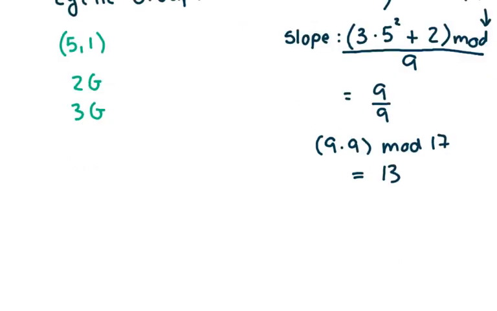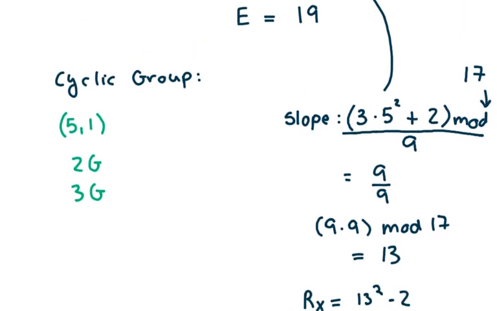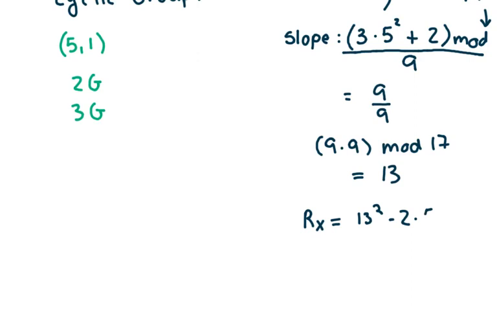So now to compute the x-coordinate of point R, this is equivalent to the slope squared, so 13 squared, minus 2 times the x-coordinate of point x, so x-coordinate of point x is 5, and this entire thing mod 17. And the result of this, 13 squared minus 10 mod 17, is 6.